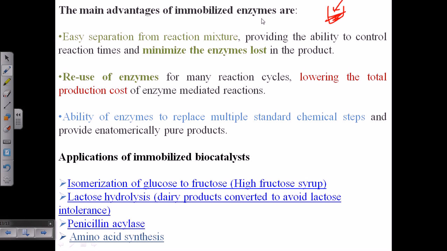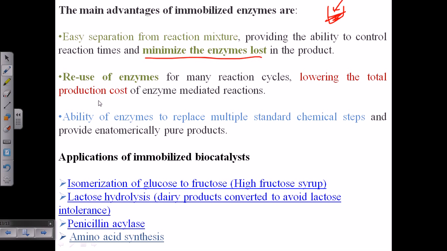So this is very easy for separation. It also blocks enzyme loss, so minimization of enzyme loss can be achieved using immobilized enzymes. The second important thing is that we can reuse the enzymes. As we can reuse the enzymes again and again with minimum loss, it will lower the total production cost. So it is economically very important.